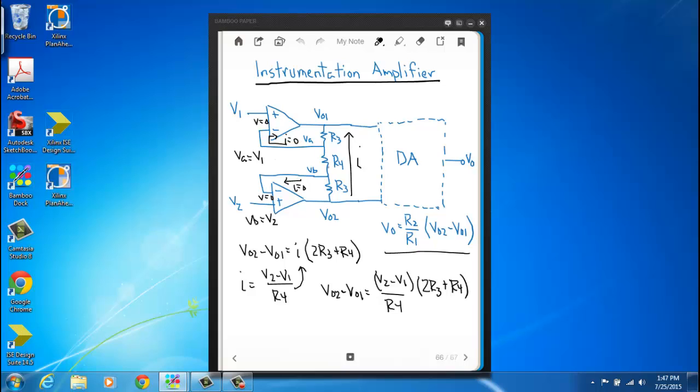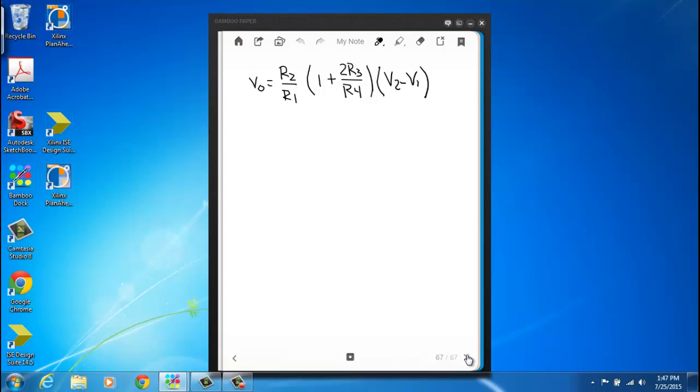But you see R4 is shared between these two. So that's why it's not exactly two non-inverting amplifier circuits, because the two circuits are sharing this R4, but it's similar, and the expression we get is similar to the expression we would get for a non-inverting amplifier. It's just that we got a 2R3 here instead of just a single resistance.